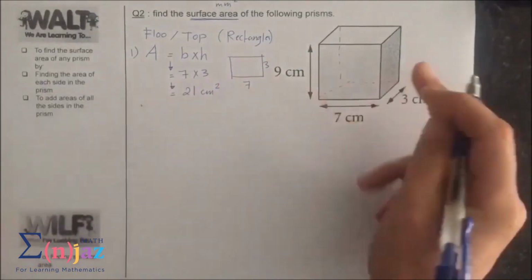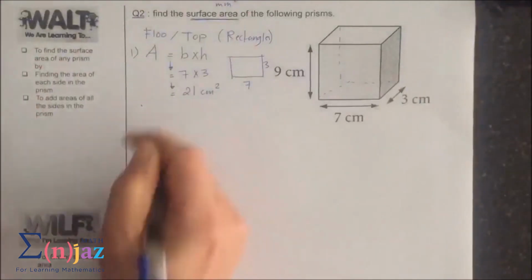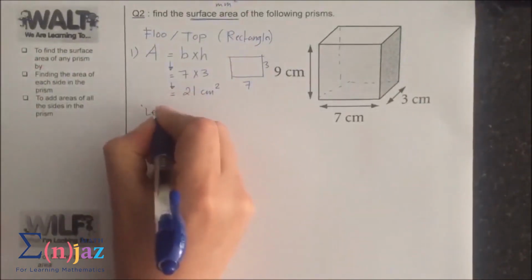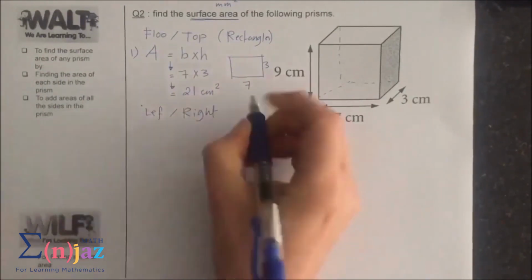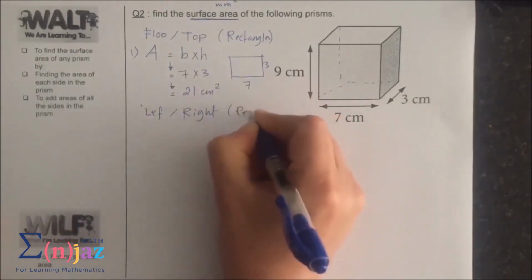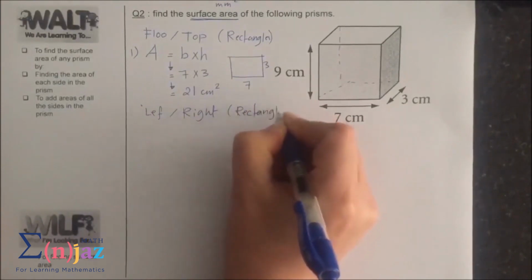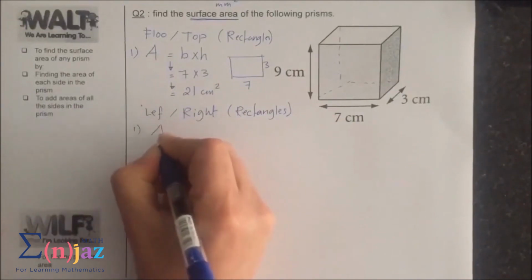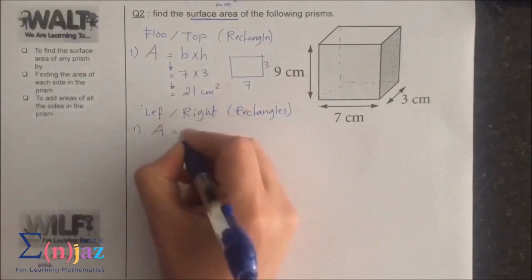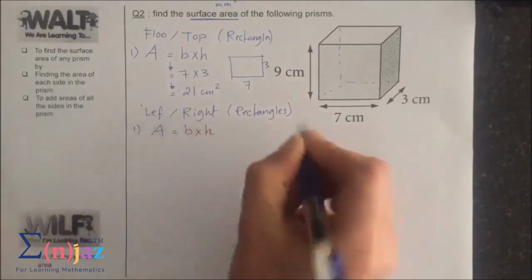Now let's go to the left and right sides. So the left and right faces or sides are rectangles as well. Start by writing the formula of finding the area of a rectangle, which is base times height.